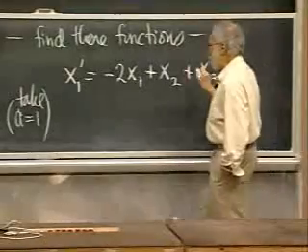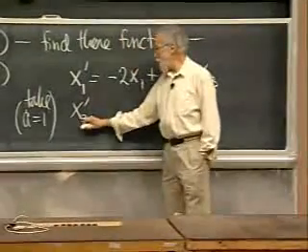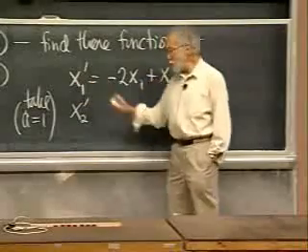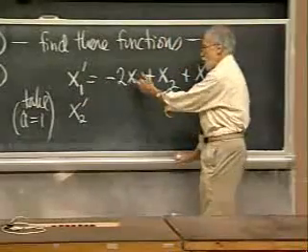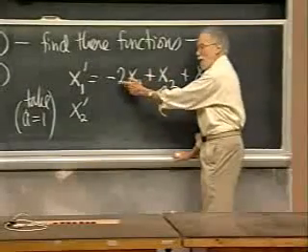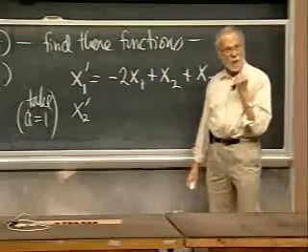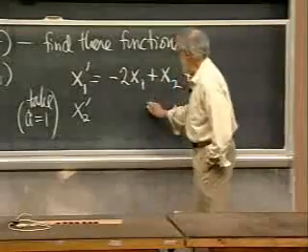And so now, what would the equation for x2 prime be? Well, here, x2 plays the role that x1 played before, and the only way to tell you that x1 was the main guy here was it occurred with a coefficient -2, whereas the other guys occurred with coefficient 1. So that must be what happens here too.